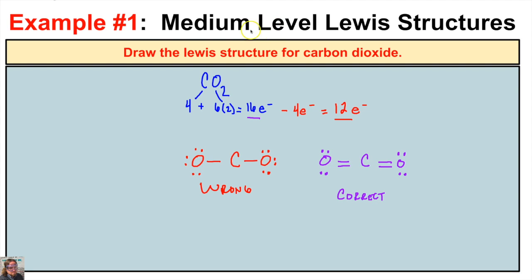And anytime we have 2 pairs of electrons that are being shared between atoms, the result is going to be a double bond.